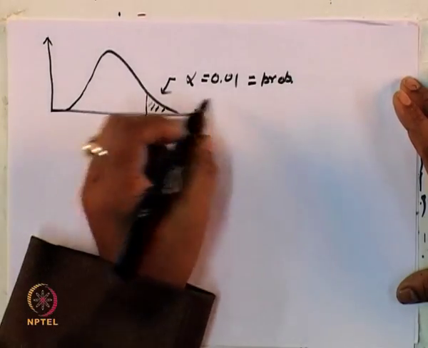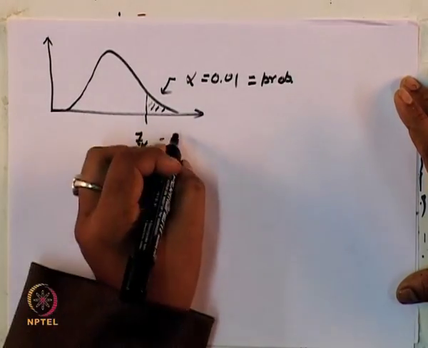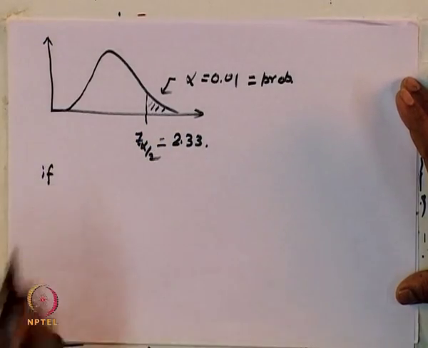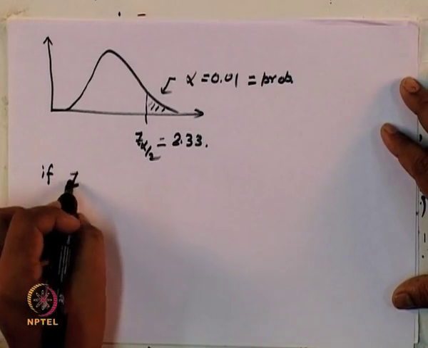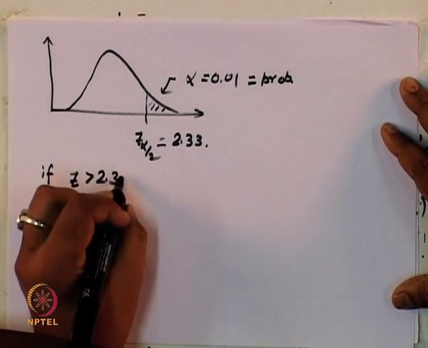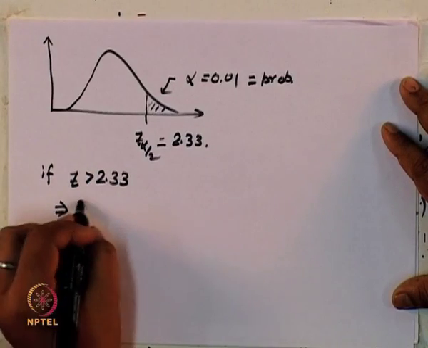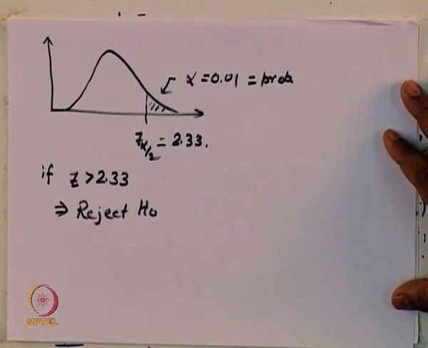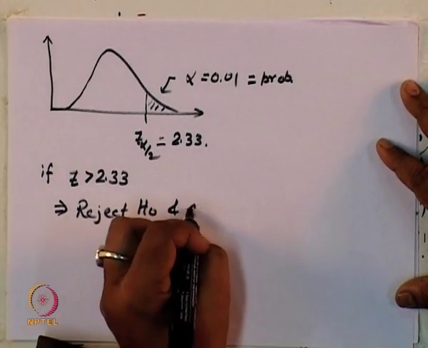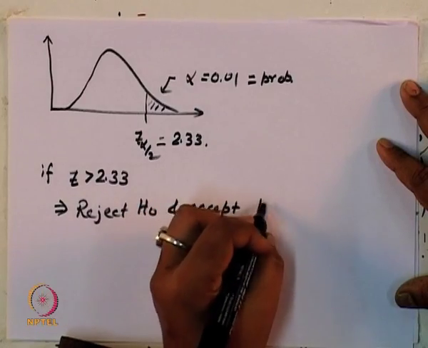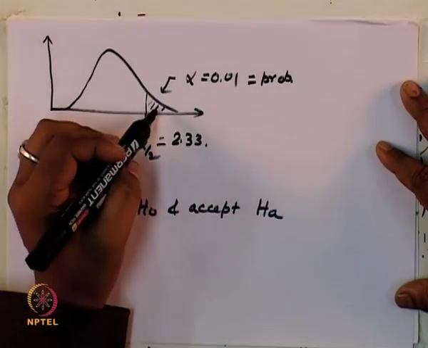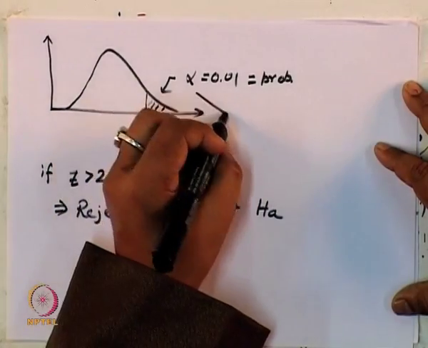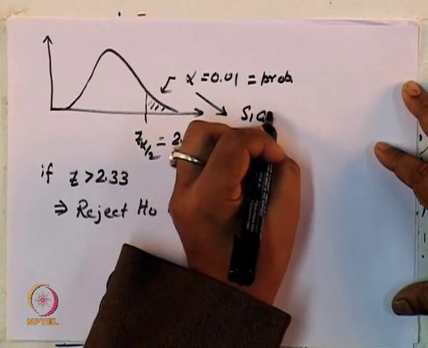If I choose alpha equal to 0.01, then Z of alpha by 2 becomes 2.33. So, if for the sample my Z value is greater than 2.33, then I would reject H naught and accept H A. So, alpha is nothing but the area under the curve. Alpha is called the significance level.